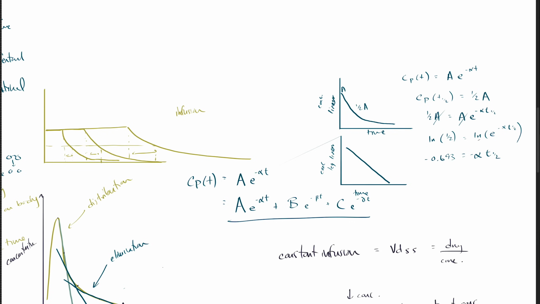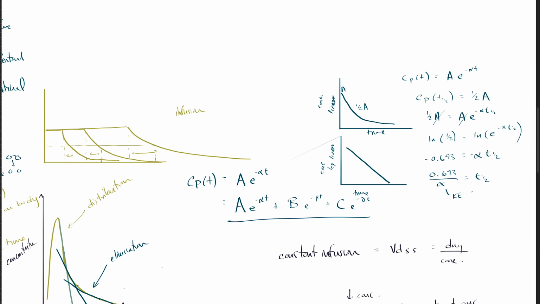And so we can move this alpha to the other side and take out the negative. 0.693 divided by alpha equals your T1 half. And so this equation, which is also often replaced with KE, or your rate elimination constant.